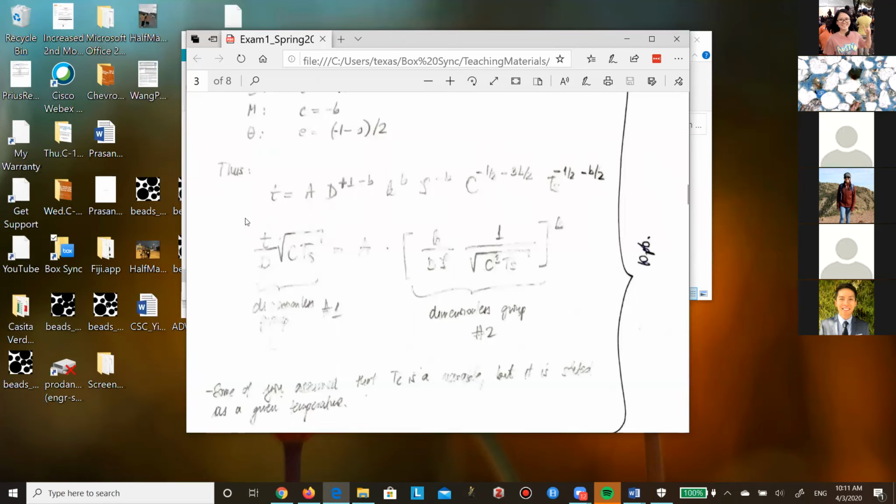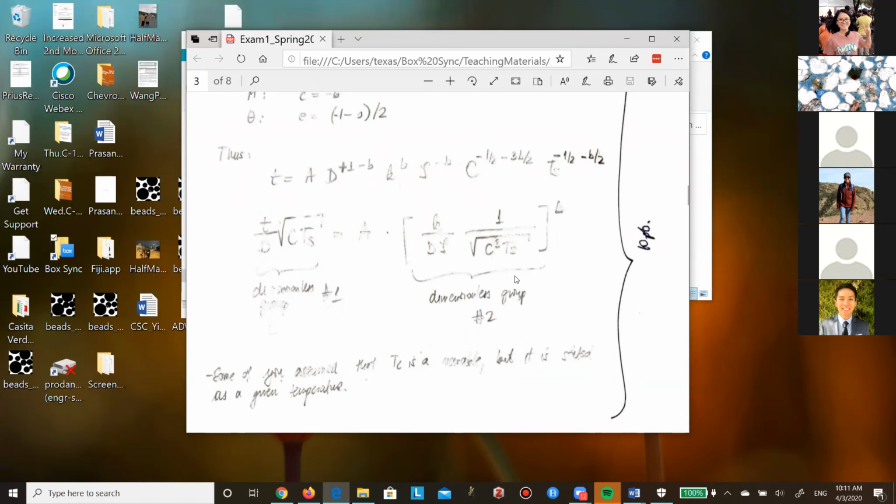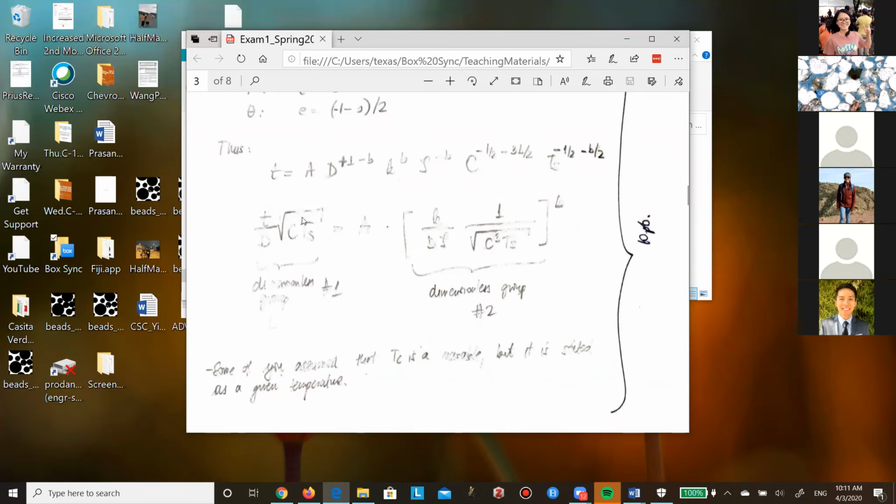So I have this new dimensionless group that depends on another dimensionless group, raised to the power of b. And one check that you can conduct once you're done with this is that this indeed is dimensionless. So you do on the side a check that this is dimensionless and this is dimensionless, and that tells you whether you made any mistakes.